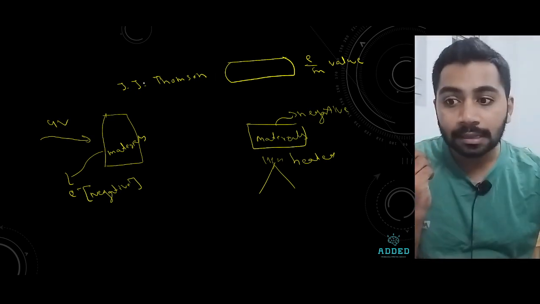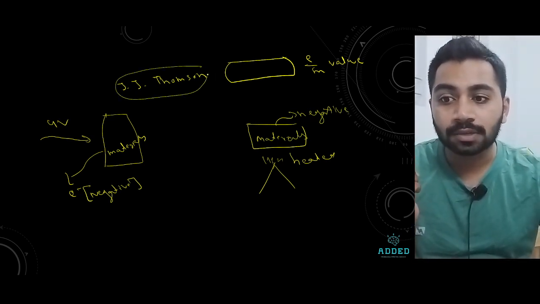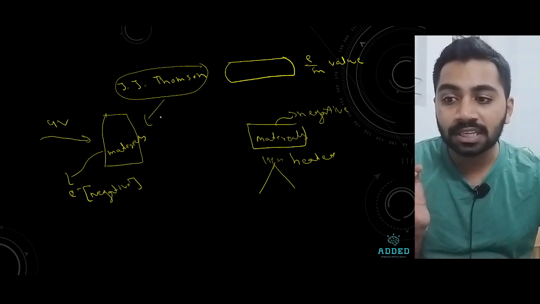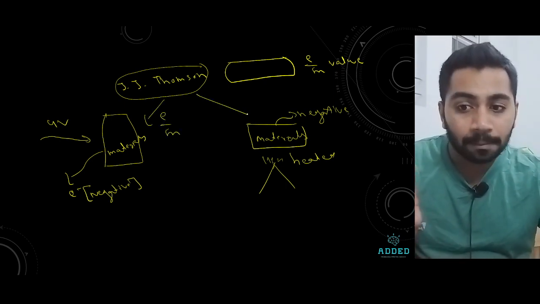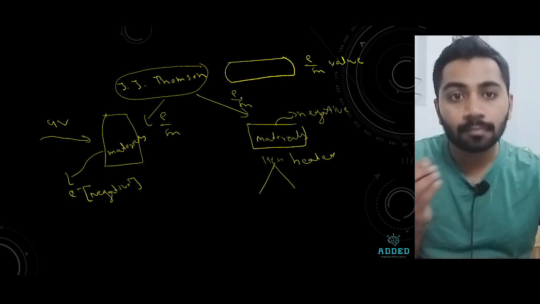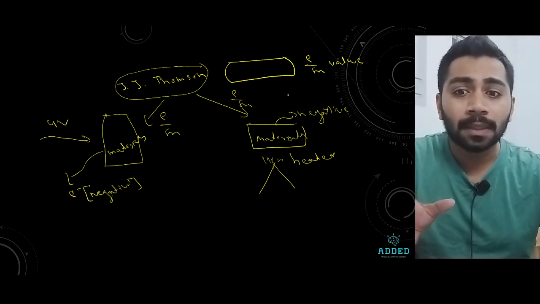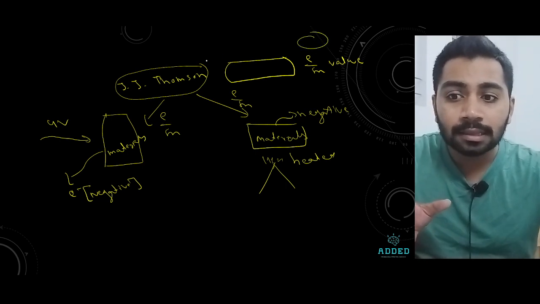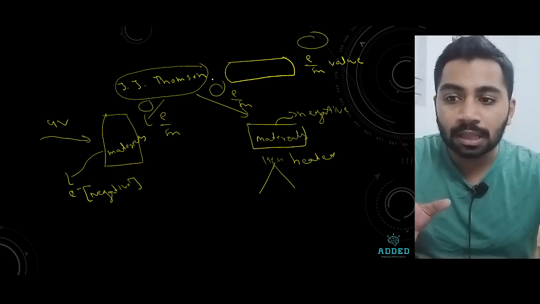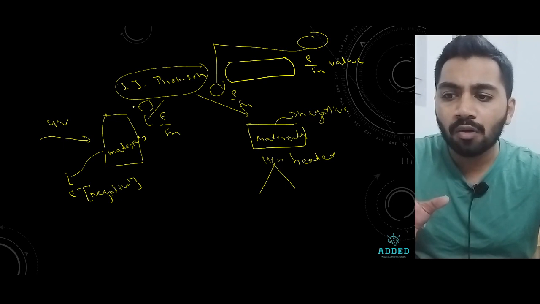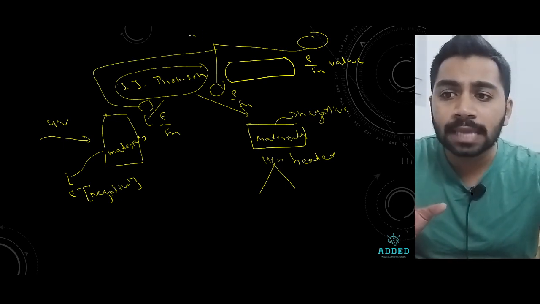At that time, J. J. Thomson measured the e/m value for this and for that, and he found that both e/m values are the same. All values come to the same value.